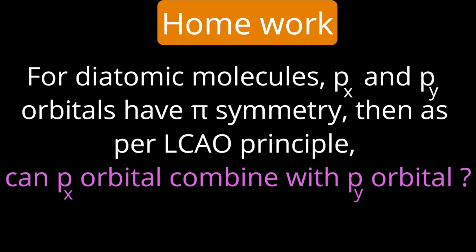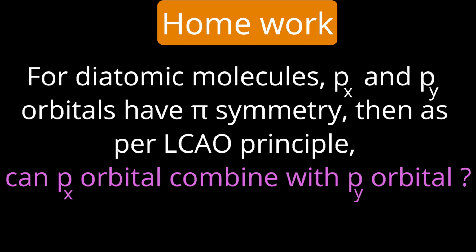As a homework, one interesting question. What we learned from the LCAO principle: if the symmetry is the same for the combining atomic orbitals, molecular orbitals will form. And only two kinds of symmetries we have studied, sigma and pi. If I consider the px orbital of one atom, what is its symmetry? Pi. The py orbital of the other atom, what is its symmetry? Pi.